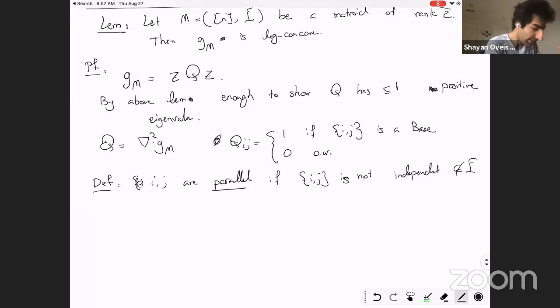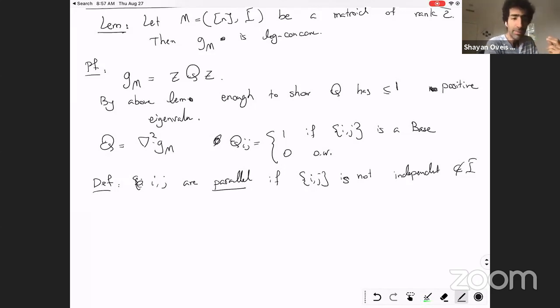This is in analogy with the notion of parallel edges you have in graphs. They also don't form an independent set in the graphic matroid.